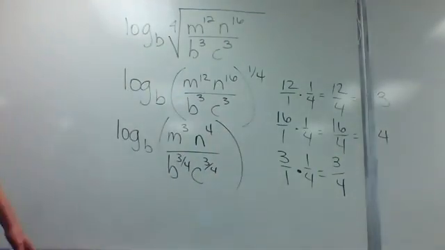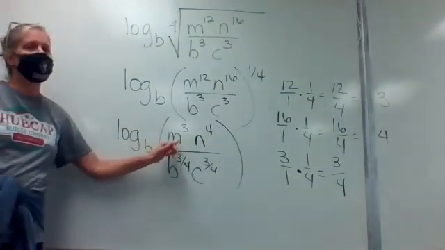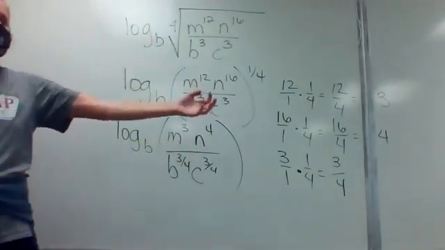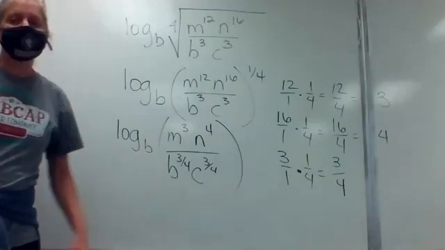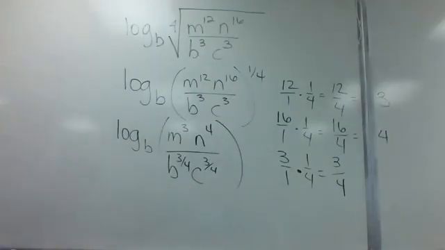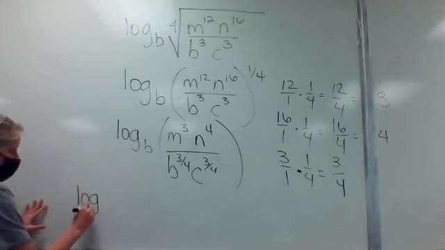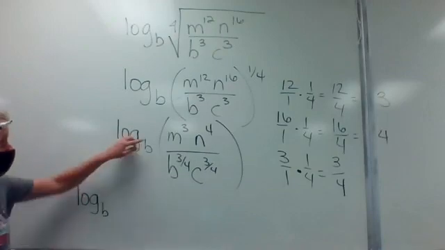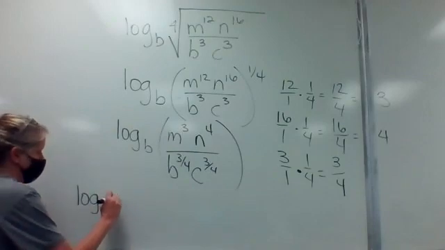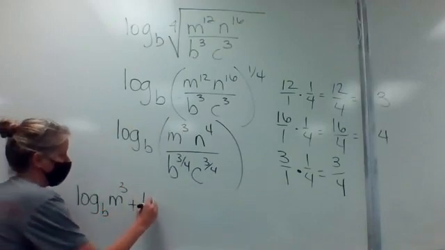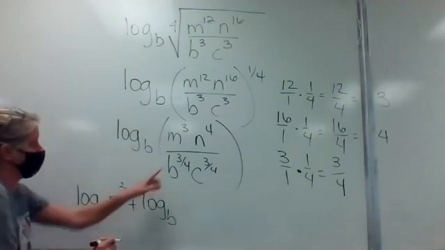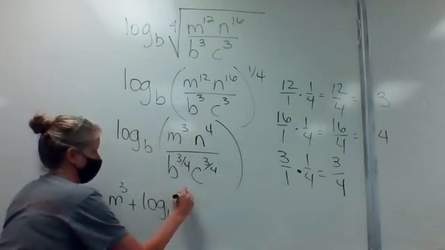So now I'm going to rewrite as sums and differences. The ones in the top are going to be the sum ones, the added ones, then minus the ones in the bottom. So let's see, I've got log base b of m to the third plus log base b of n to the fourth.